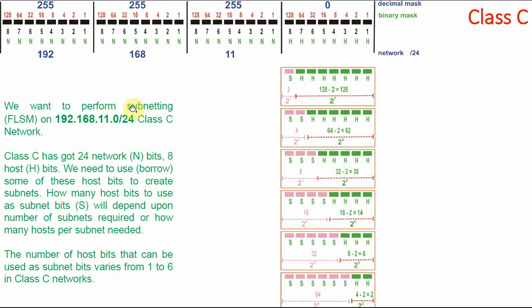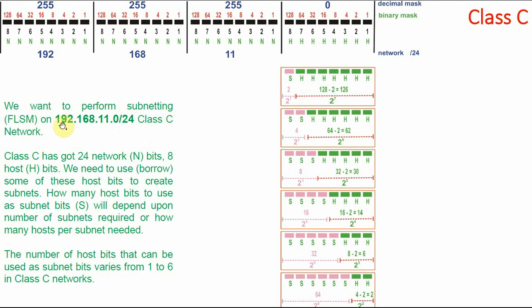In our case, we want to perform fixed length subnet masking on a class C network. We are taking an example of the 192.168.11.0 network.